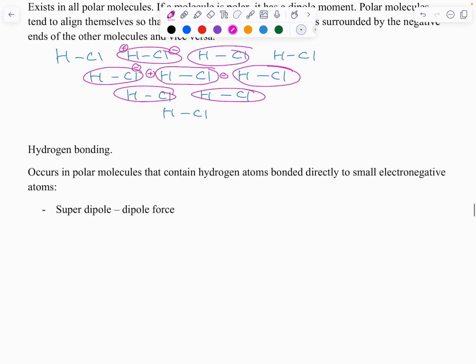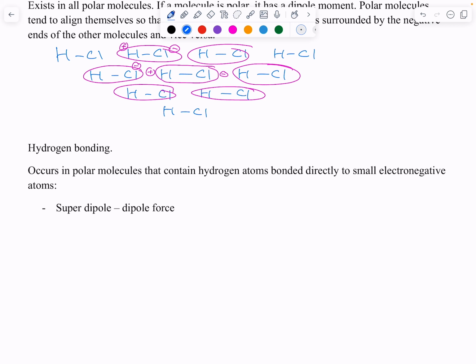And then there's something called hydrogen bonding. This is a super strong dipole-dipole interaction, a super strong dipole force. And the atoms are fluorine, oxygen, and nitrogen, right? So those 3 atoms can do this. And the hydrogen bond is between molecules.